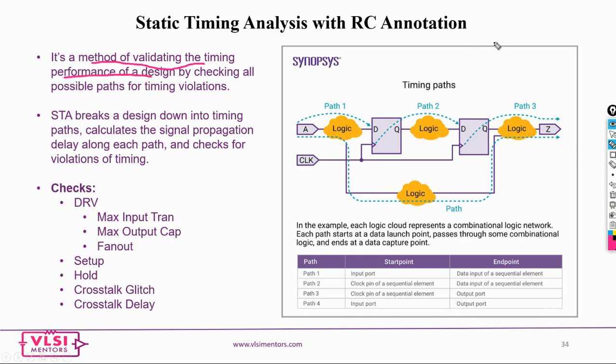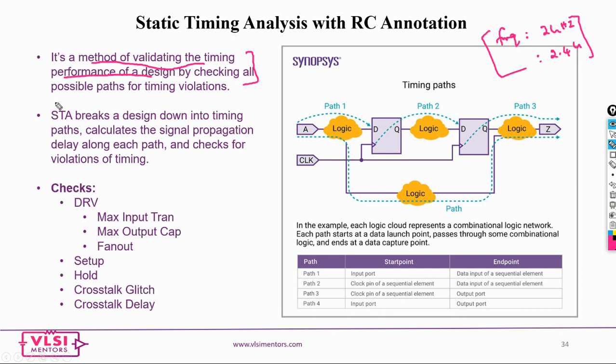Okay. Now, STA is a method of validating the timing performance of a design. Say when you are buying a phone, what frequency do you look at? 2 gig or probably 2.4, right? That is how we ensure it, with the help of STA. STA helps you make sure your device will operate at a certain frequency.